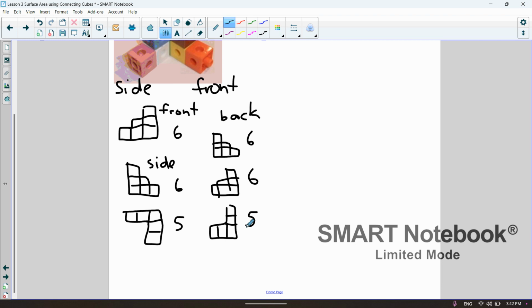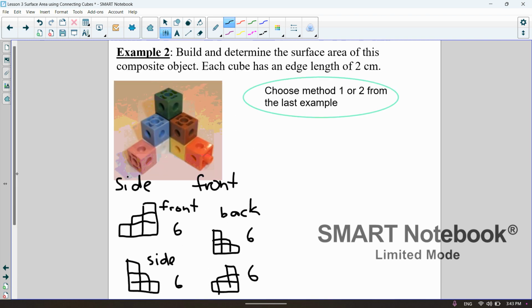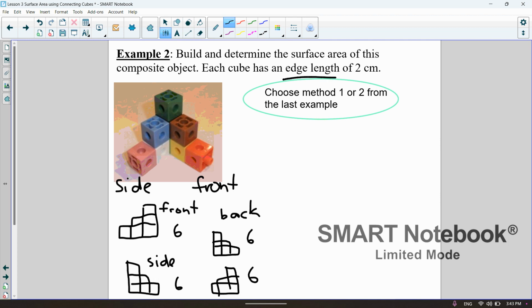We get 6 plus 6 plus 6 plus 6 plus 5 plus 5. It gives me a total surface area so far, total sides, I should say, of 34 sides. So this one we have to pay a little bit more attention to what the dimension of a cube is. It says each cube has an edge length of 2 centimeters.